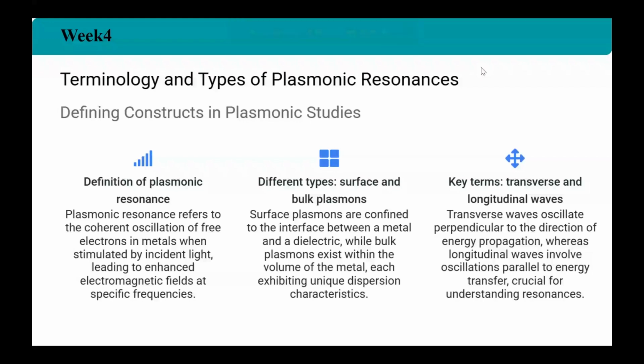Plasmonic resonance refers to the coherent oscillation of free electrons in metals when stimulated by incident light, leading to enhanced electromagnetic fields at specific frequencies. There are different types: surface and bulk plasmons. Surface plasmons are confined to the interface between a metal and a dielectric, while bulk plasmons exist within the volume of the metal, each exhibiting a unique dispersion relation.